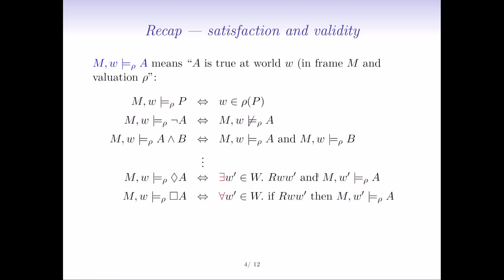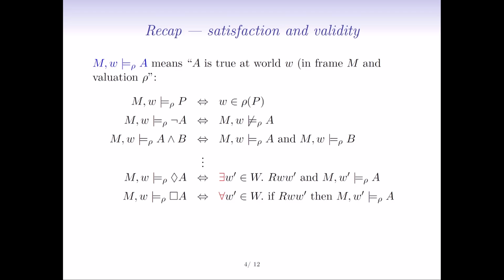And the case of a box is kind of dual in the sense, box A is necessarily A, or it kind of means A is true everywhere accessible from the current world.